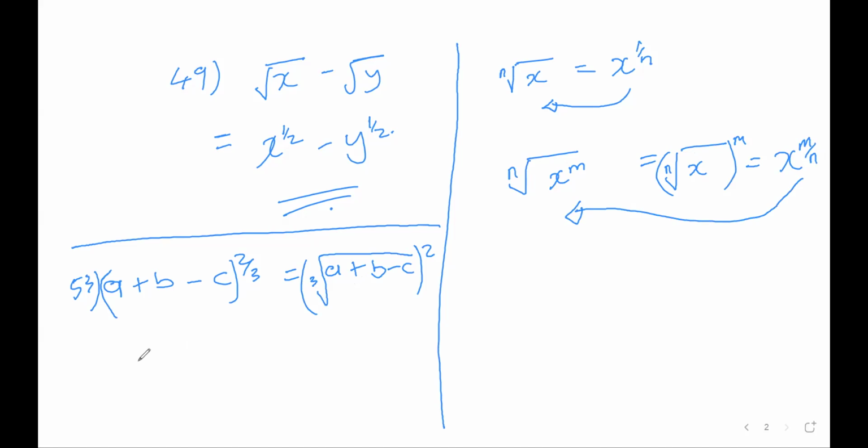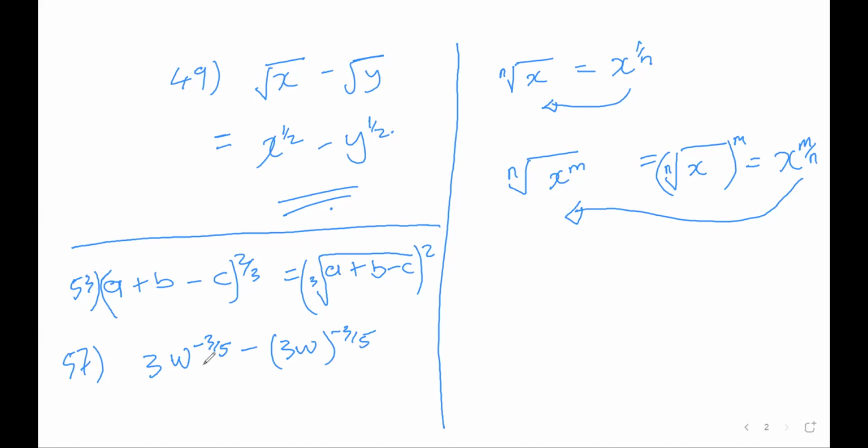So if we look at number 57, 57 says 3w to the negative 3/5 minus 3w all to the power negative 3/5. And we want to write this as a radical.